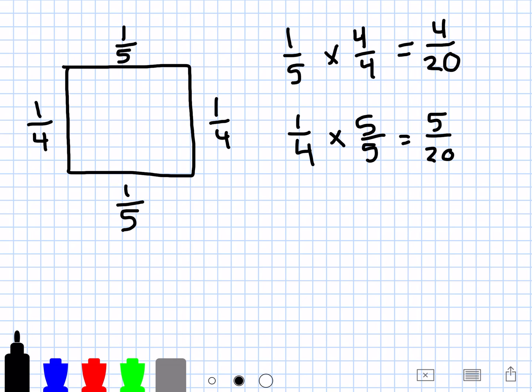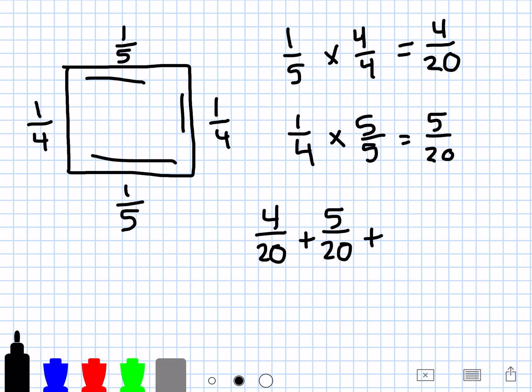So you remember from yesterday when we talked about how to find the perimeter, we're going to add all of the sides up. So I'll just go ahead and line these up. We'll start with 1/5, which is equal to 4/20. And then we'll add 1/4, which is 5/20.